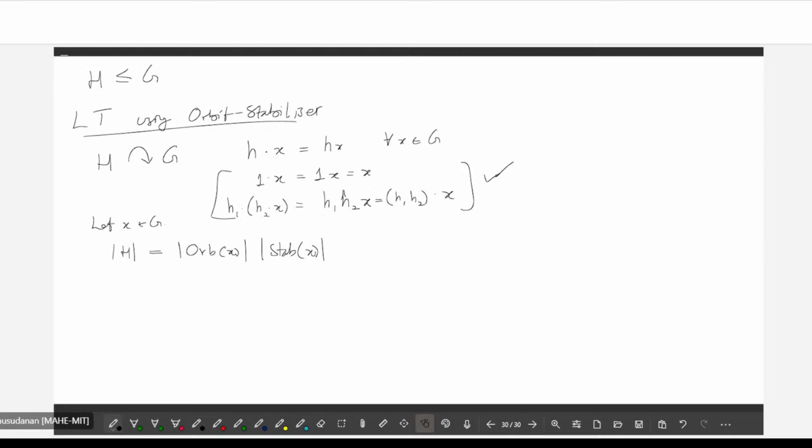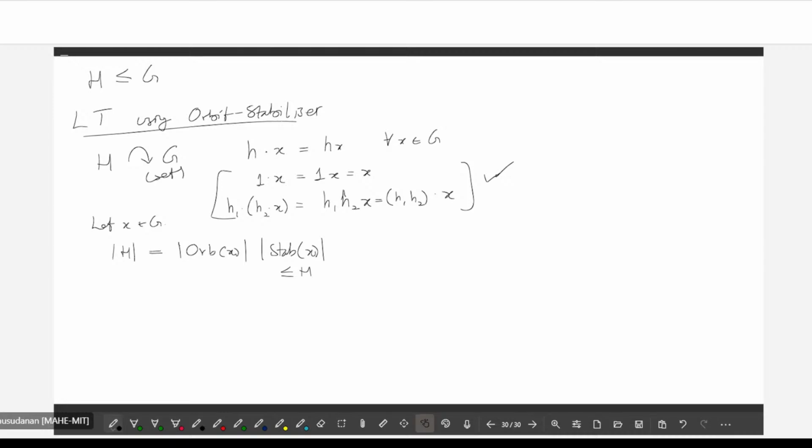We want H dot X to be equal to X. If H is in the stabilizer, what elements does the stabilizer consist of, group elements or points? Just think of this as a set, not a group. Yes, the stabilizer consists of group elements, that is H elements, so this must be a subgroup of H.